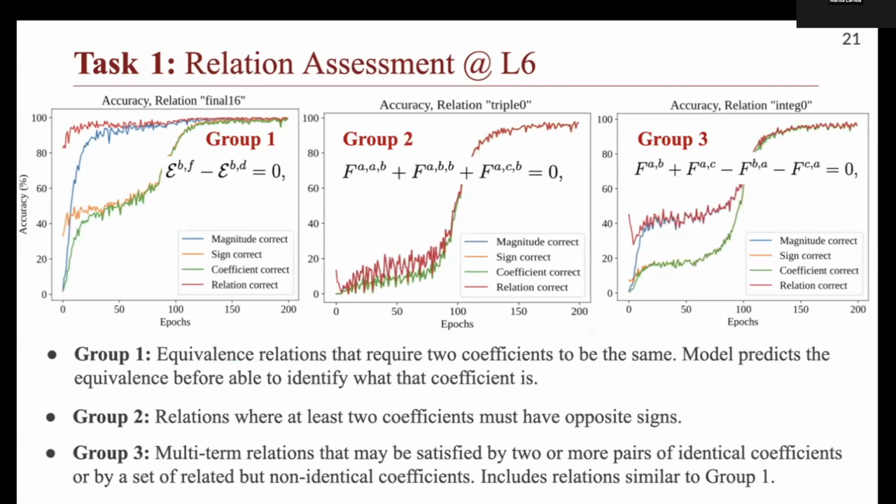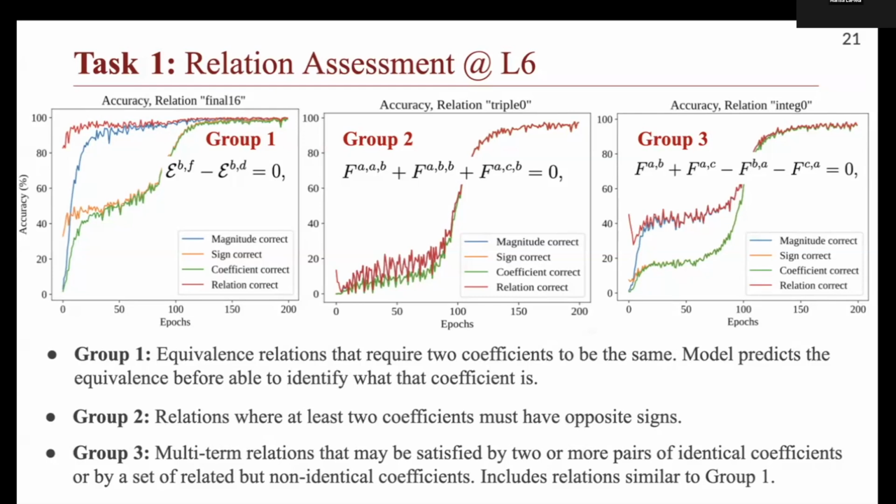Group 1 relations are the equivalence relations, which require two coefficients to be exactly the same. Here the red curve is when the model gets the relation correct, regardless of the individual coefficient prediction. We can see the model almost immediately correlates these two terms together and knows that they should have the same coefficients.